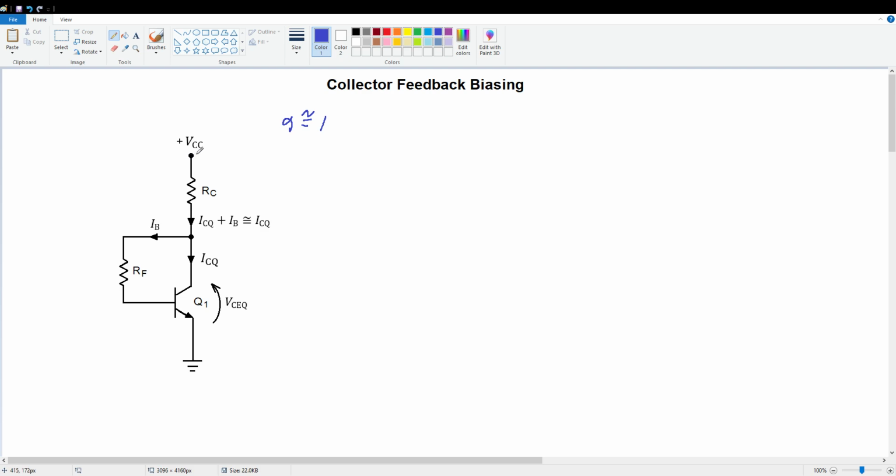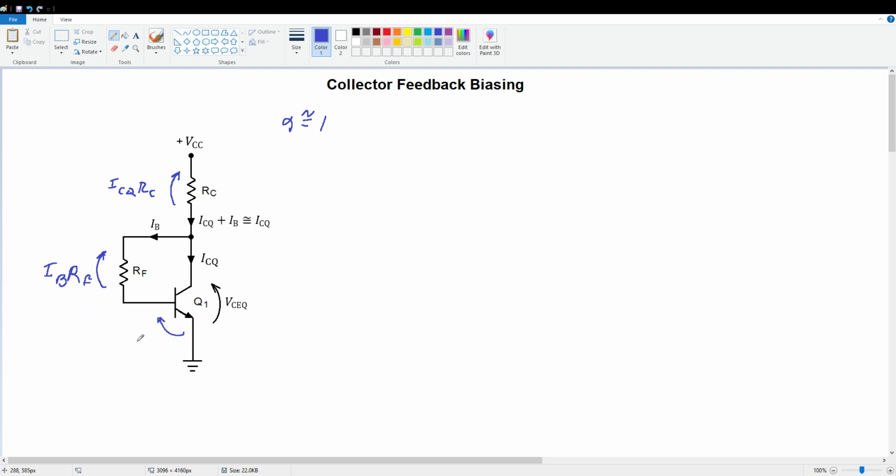All right, what we're going to do is Kirchhoff's voltage law from the positive rail down through RC, RF, and the base emitter junction to ground. So let me fill in these voltage drops. Here we've got ICQ times RC, we're approximating that. Over here we're going to have IB times RF.